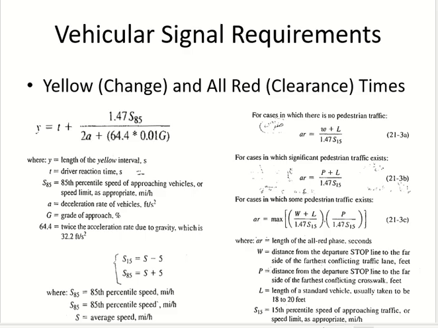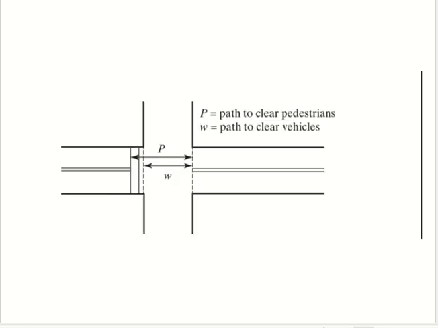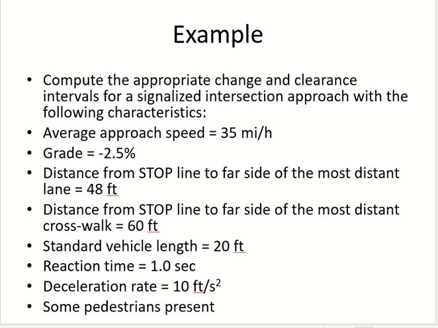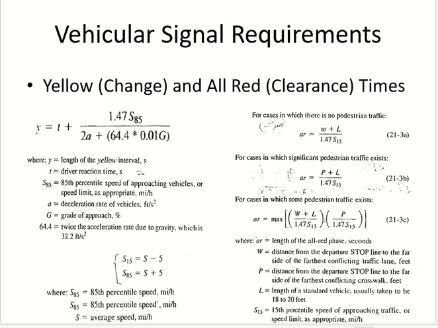Then I need the A value, the deceleration rate. It is 10, again because it is a signal. The normal A value is higher.